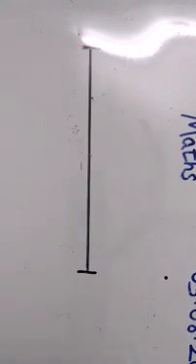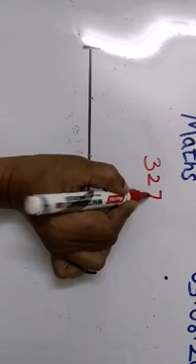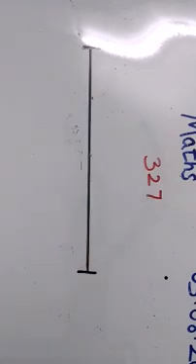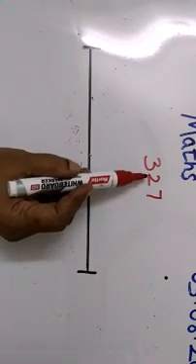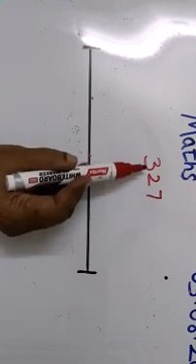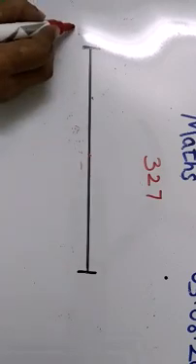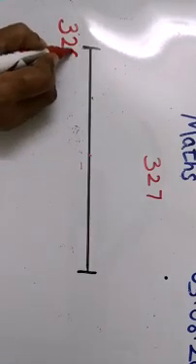Now let's take another number, 327. What would my lower side be? I have to look at the tens place. How much is this, children? 32 tens, or 327. So my lower side will be 320.